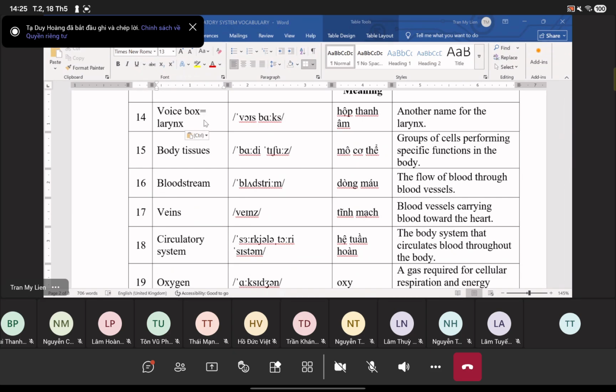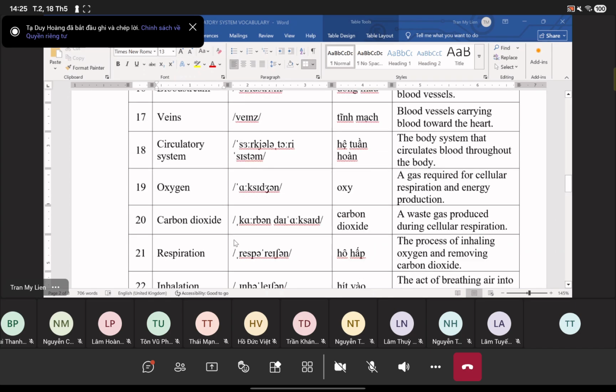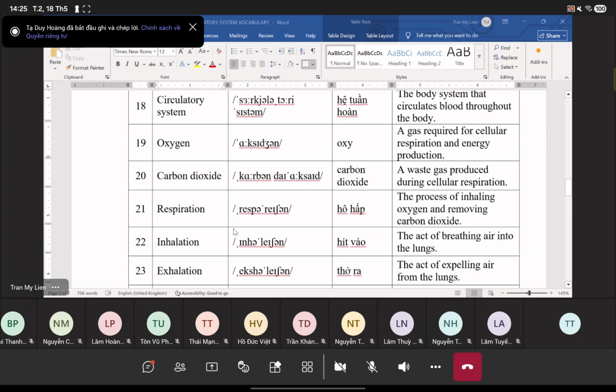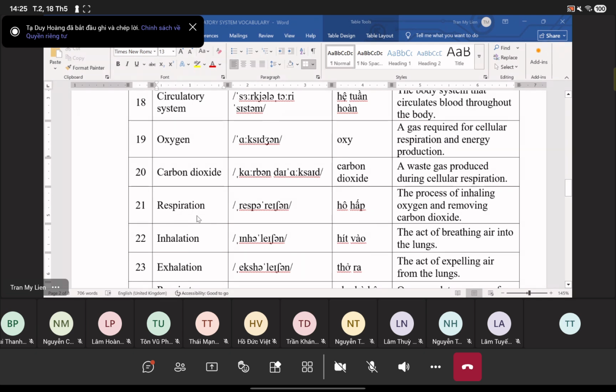Voice box or larynx, body tissues, bloodstream, veins, circulatory system, oxygen, carbon dioxide, respiration or breathing, inhalation: breathing air into the lungs, and exhalation: expelling air from the lungs.